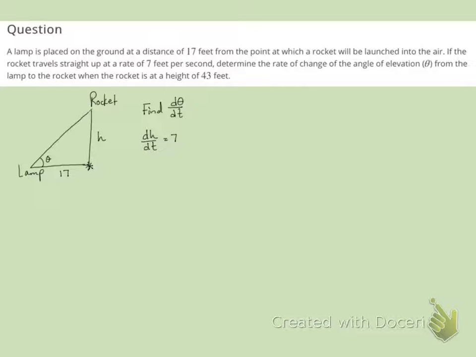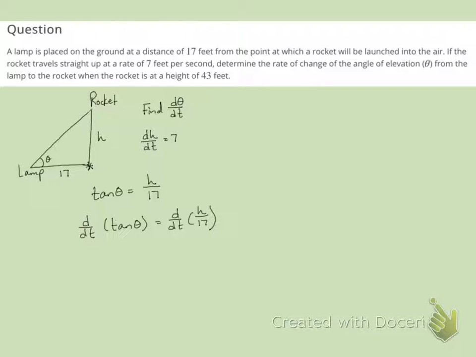So using a trig function, we have that tangent of theta is the same as the opposite over the adjacent. So we have h over 17. So there's our relationship. We're going to take the derivative of both sides with respect to time. We're going to have to apply the chain rule.